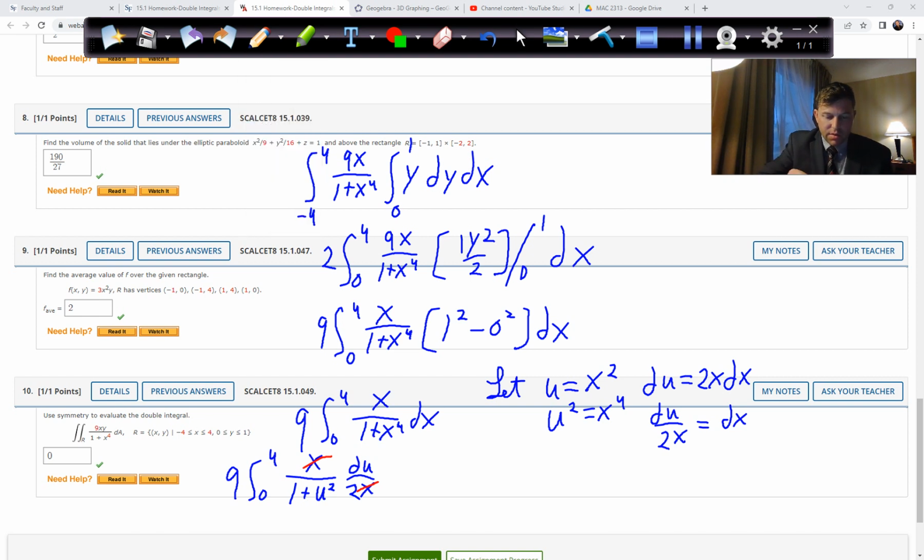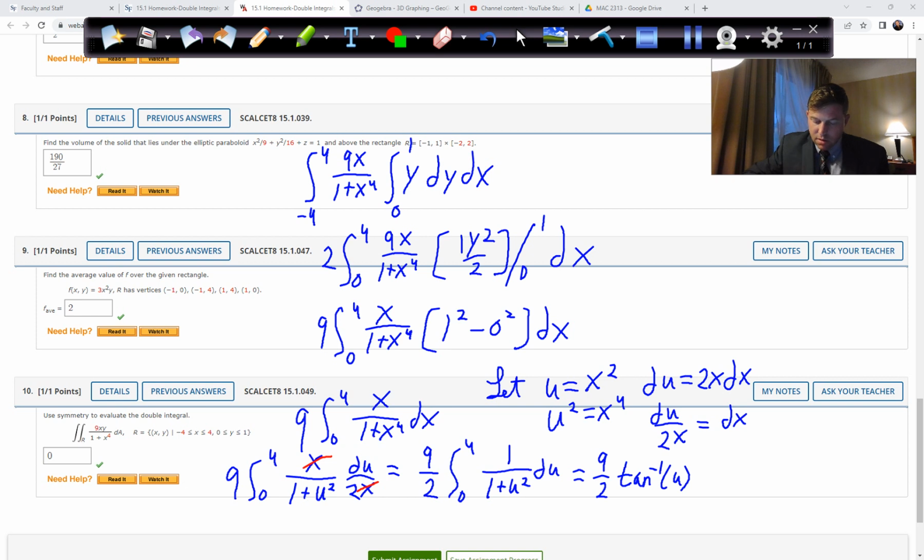So this is going to be 9 over 2, bring this 2 in the denominator all the way out, 0 to 4 of 1 over 1 plus u squared du. And we just saw this one earlier. 1 over 1 plus u squared is arctangent. So this is going to be 9 over 2 arctangent of u.